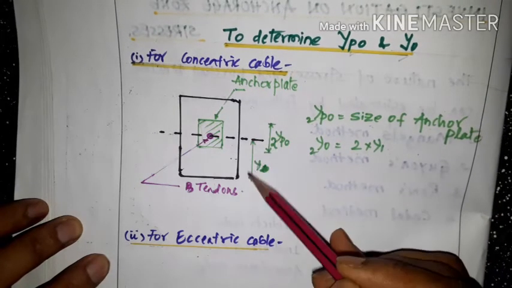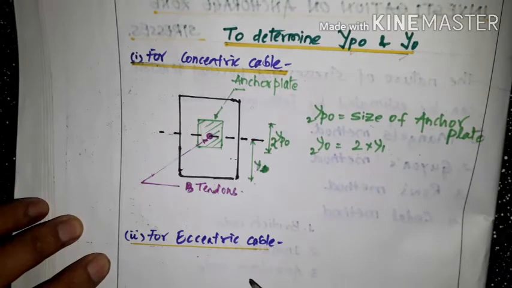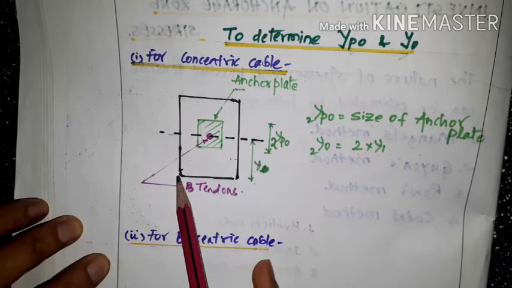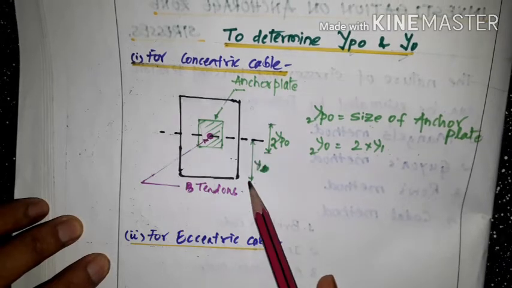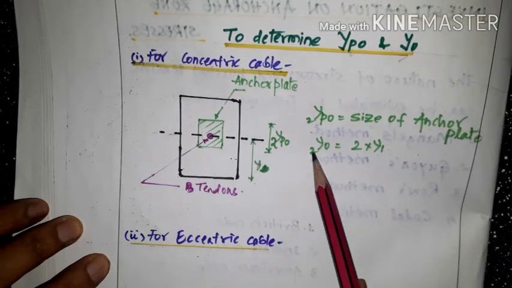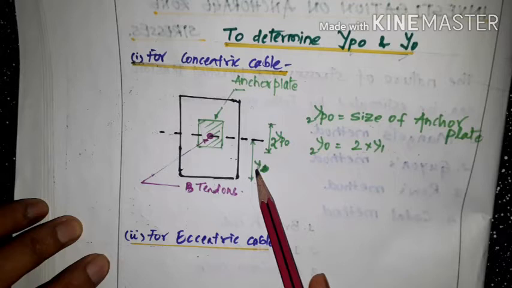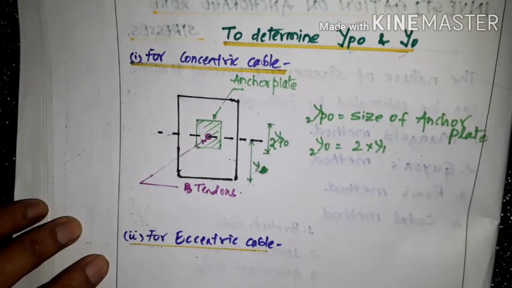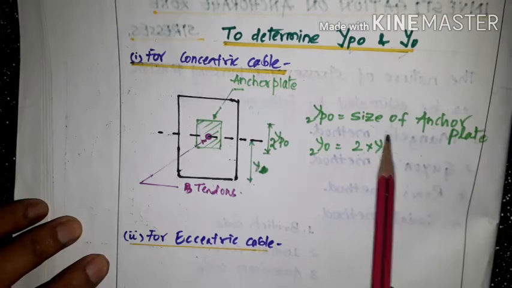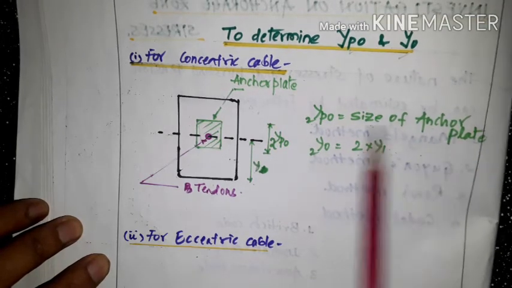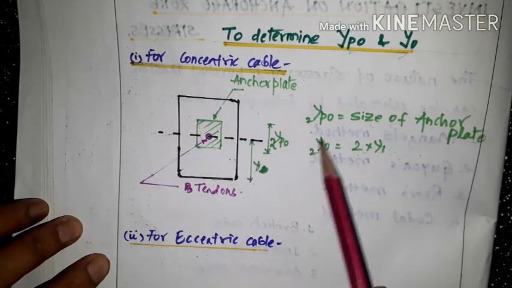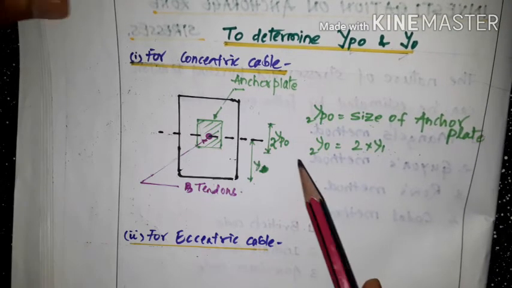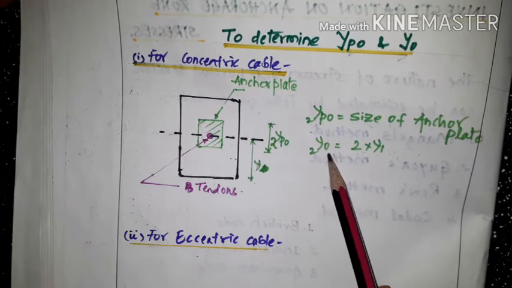Suppose the size of the beam is given as 200 mm by 300 mm, so Y1 is 150. Y_o is 2 times Y1, so 150 and 150, 300 mm. Only in the case of a concentric cable, and if the anchor plate size is given as 150 by 150, then Y_po will be 150. That way you have to use the values for Y_po and Y_o.